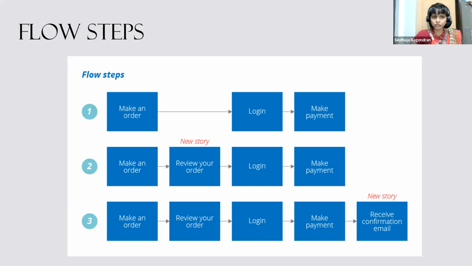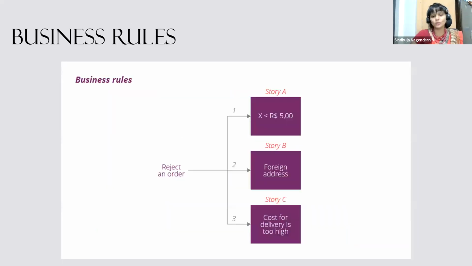Moving on to the next technique, business rules. We can even split the user stories based on the business rules, like reject an order or place an order. For example, story A: if X is less than $5, then we can accommodate story A. And story B: if it is a foreign address, we can have that story. Instead of having a very blunt reject an order, you can segregate based on the business need and rules.